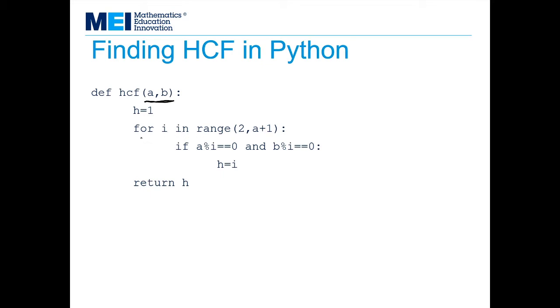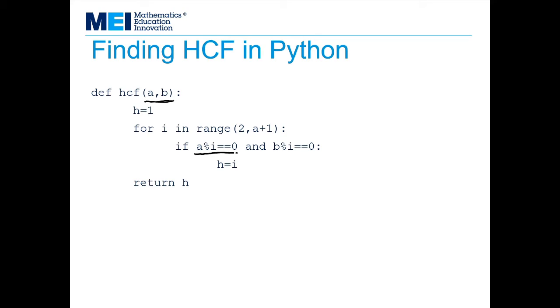So we start at 2 and we go up to a plus 1 in our range, so that means that we're going from 2 to a inclusive, and then for each value of i we are checking to see if it is a factor of both a and b.